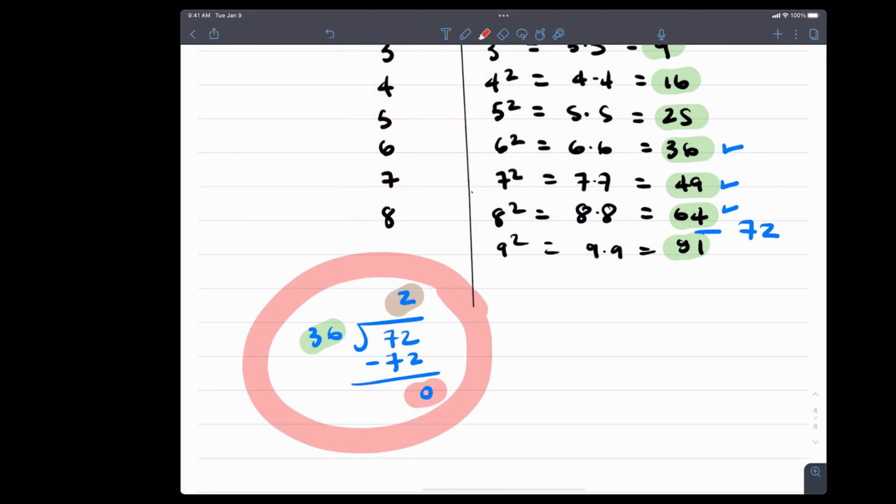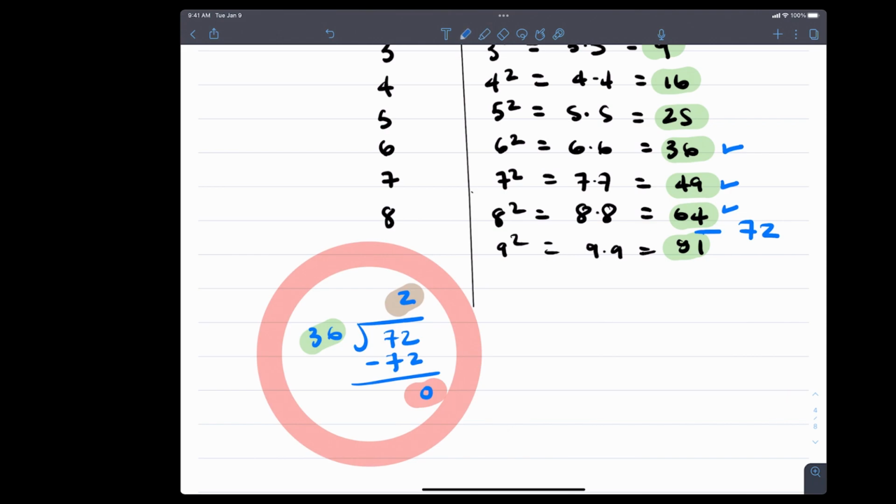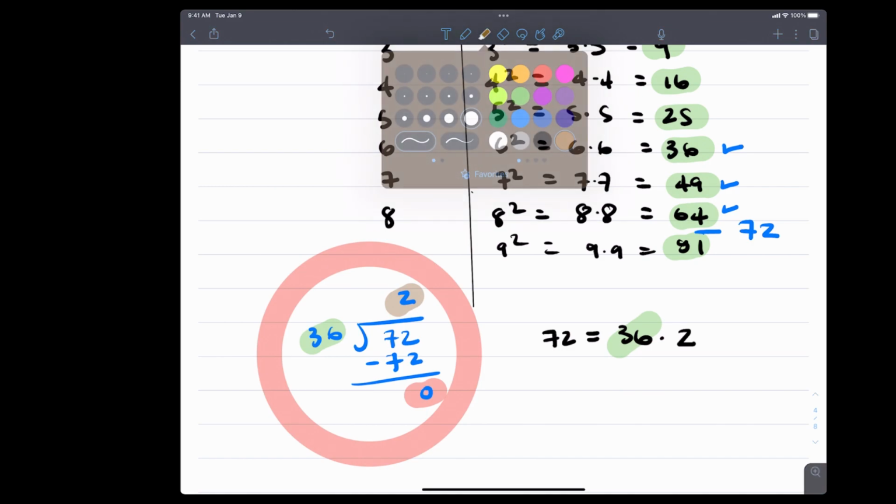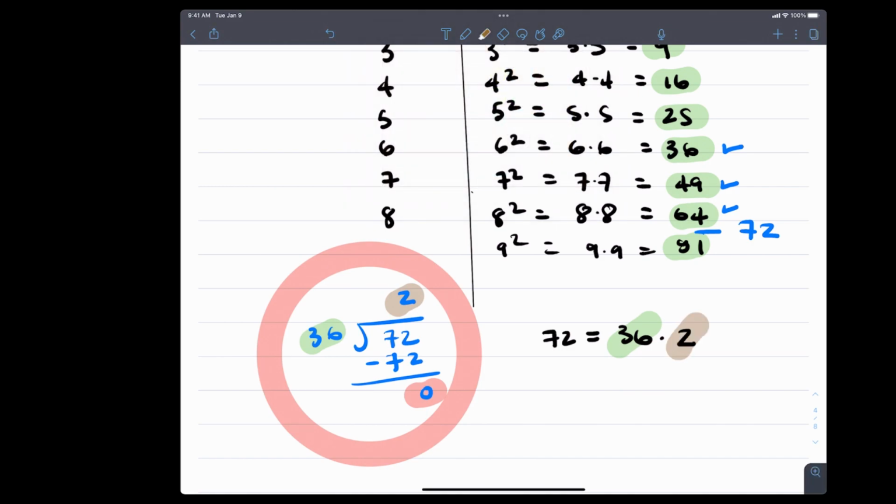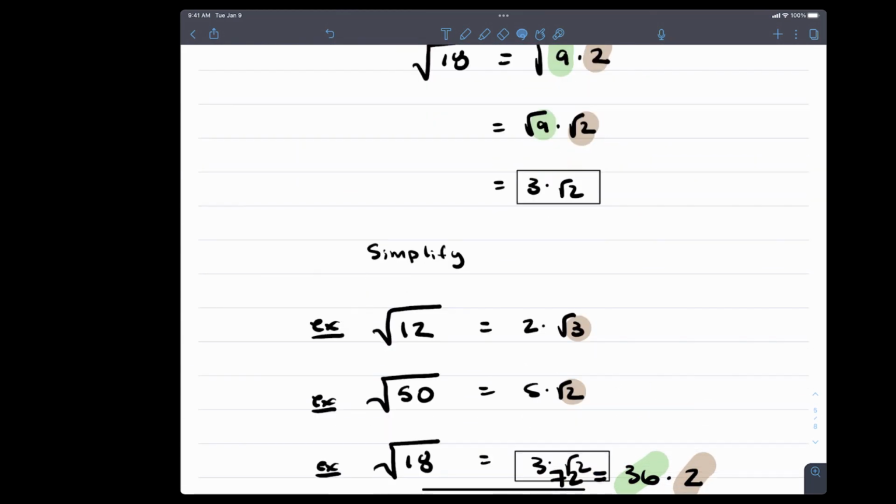Yes, you had the zero remainder. So that means 72 is written as 36 times what? 2. Largest perfect square, quotient. So that's the process you guys do.